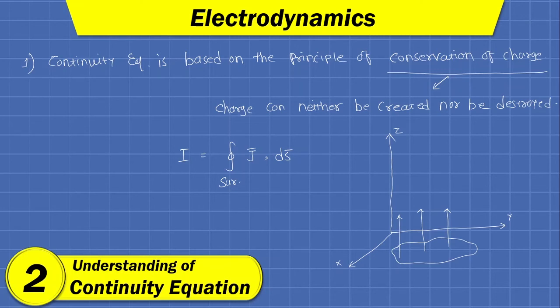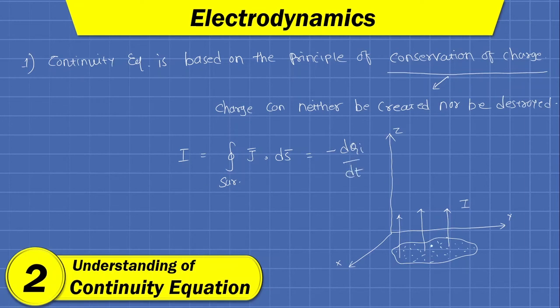Then some charge will decrease. If the principle of conservation of charge is true, there must be a decrease of an amount of charge inside the closed surface. Imagine this current as an outward current. Then some charge will decrease from this surface to constitute this outward current. So this term can be written as negative of dQi by dt.